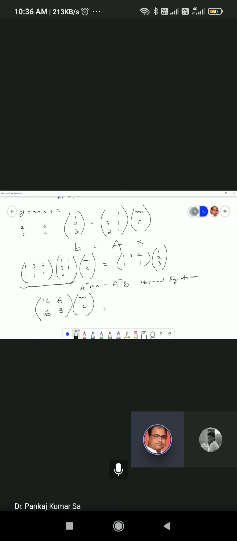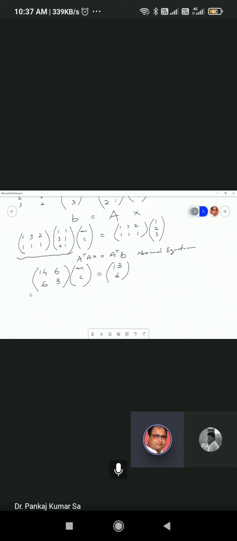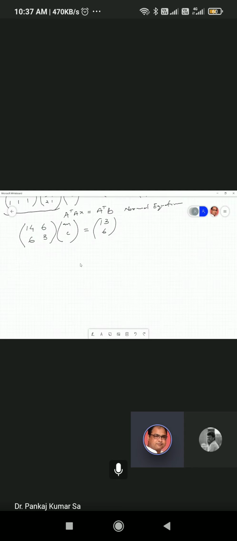And this becomes 13 for the right-hand side, with m and c as the unknowns. What this actually is, is a linear system of equations, and you can easily find m and c.